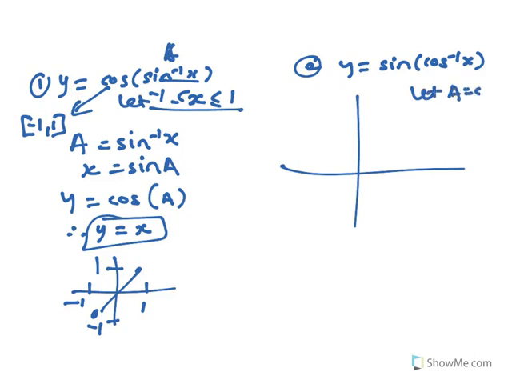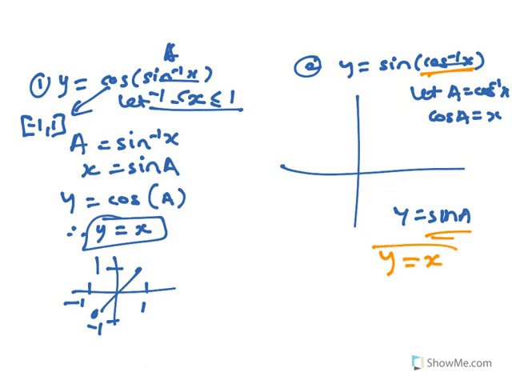And the same as this one, let a equal cos the -1 of x, cos a equals x, and then you've got y equals sine a, because you're just replacing the cos x with the sine a. So that means that y will equal x, because y equals sine a and x equals sine a.